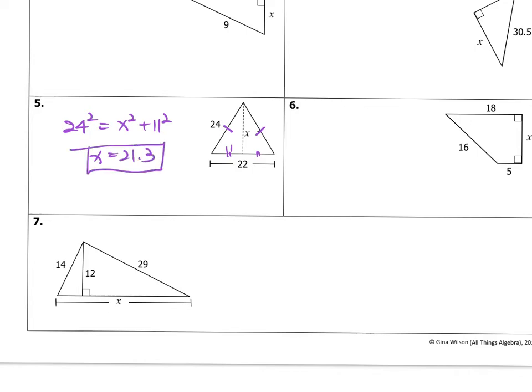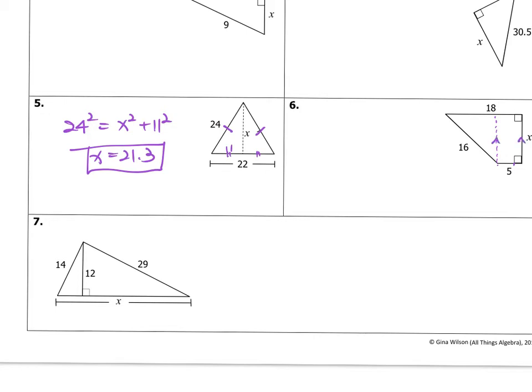Okay. Now for number 6, it looks odd because it doesn't have a triangle. I have 18, 16 here, 5 here, and an x here, and I need to know x. But what's beneficial is I have 90 degrees here. And so in geometry, we haven't practiced this much, but you can add and subtract lines, and very often it's adding rather than subtracting. You can add a dotted line here that makes this parallel to this.